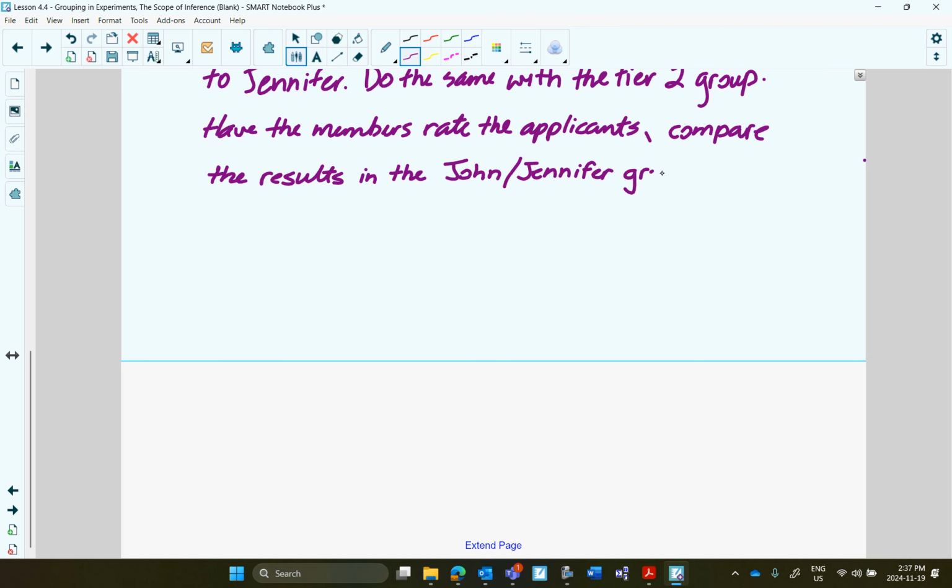And then do the same within each block. Take those hireability ratings and rearrange the groups so that now we have all the tier 1s. How did they rate? What's the difference there? Was there a higher rating for John than Jennifer? What happened in the other block as well?